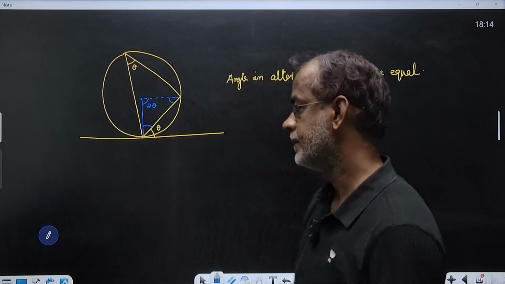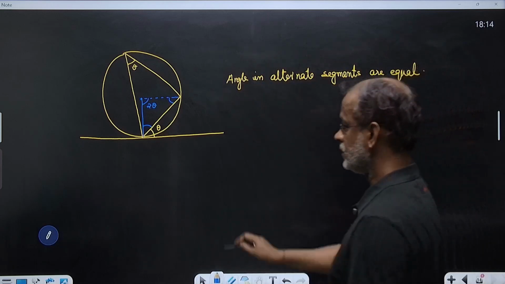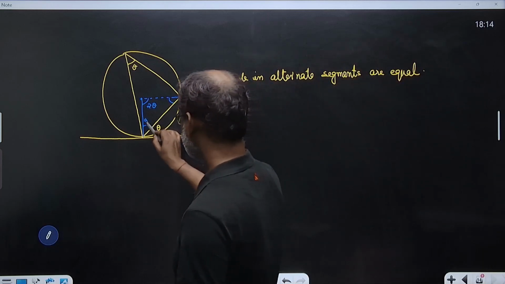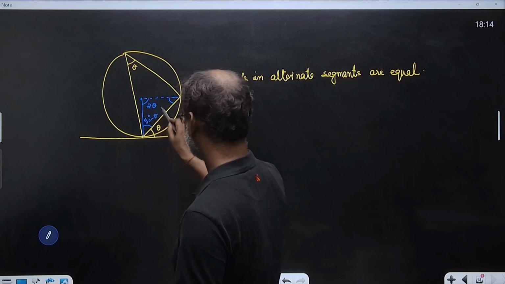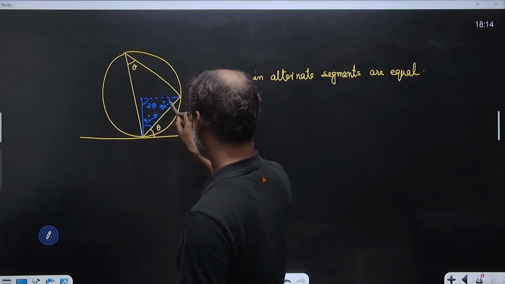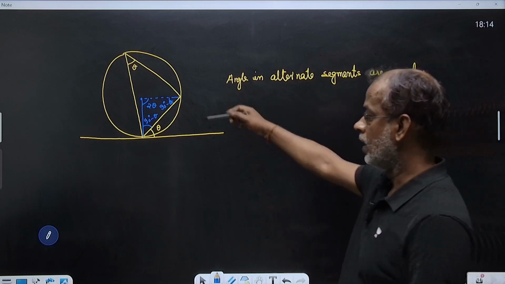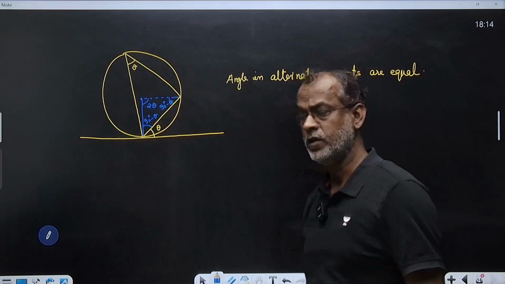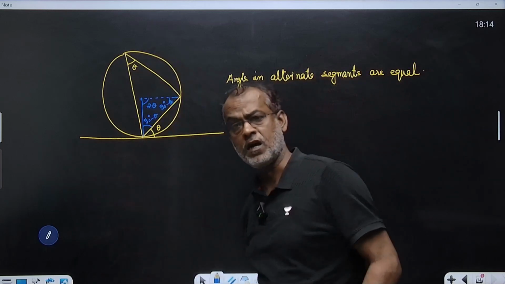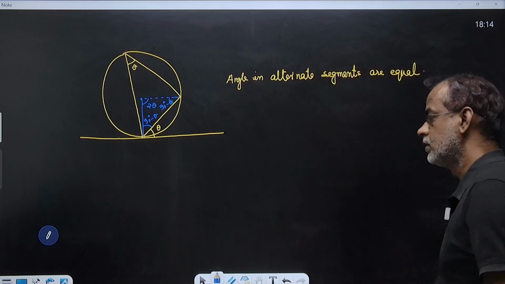Okay. So, this is 90 minus theta, that would be theta. This is center, so angle at the circumference is half the angle at the center. Okay.